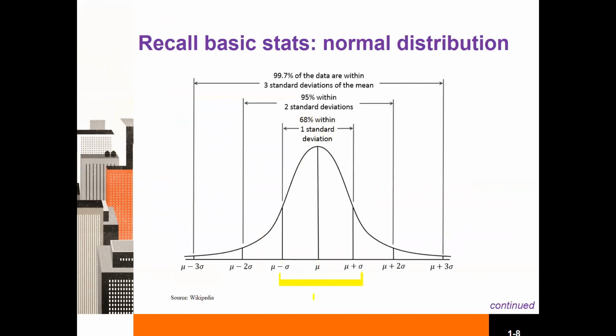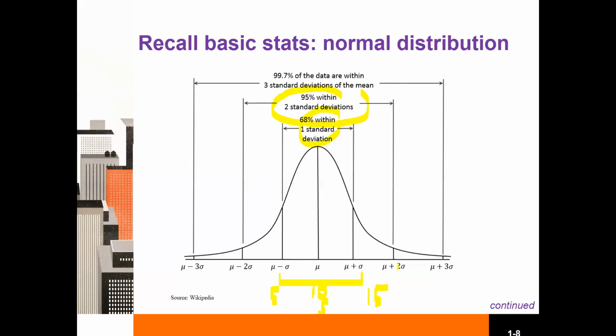For example, say the mean value is 10 and the standard deviation is 5. If we add 5 to 10, we get 15, and if we deduct 5 from 10, we get 5. So 68% of the observations will lie between 5 and 15.